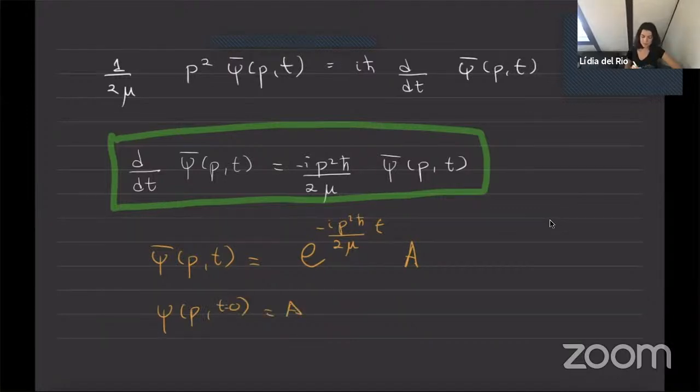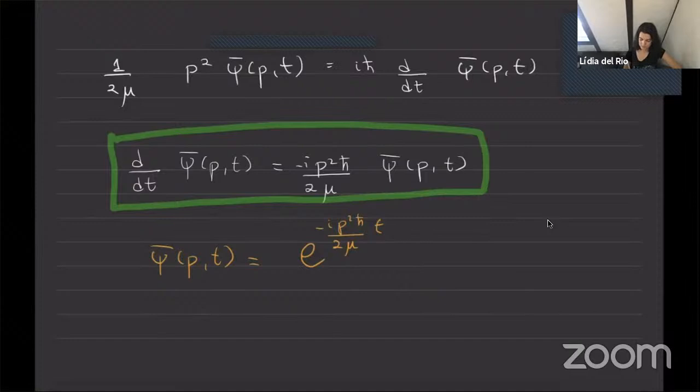So I can just replace here the constant with the wave function at time equals 0. So I call it psi 0 of p. So it's a constant in relation to time, right? So this is psi of p and time equals 0.